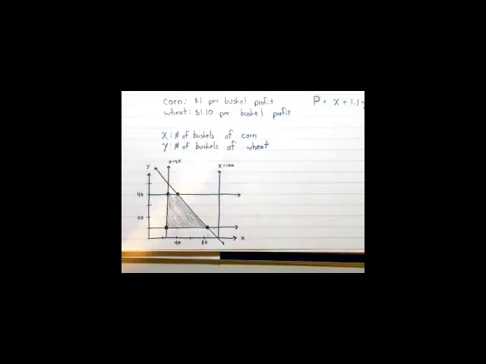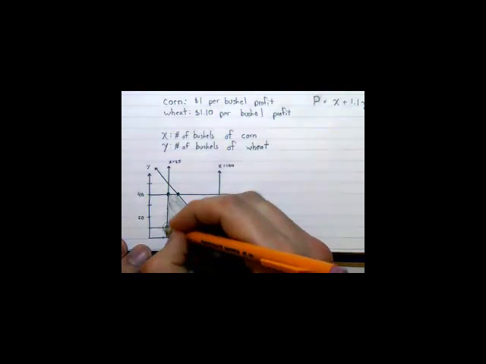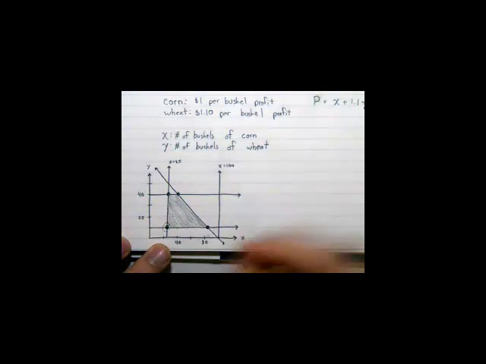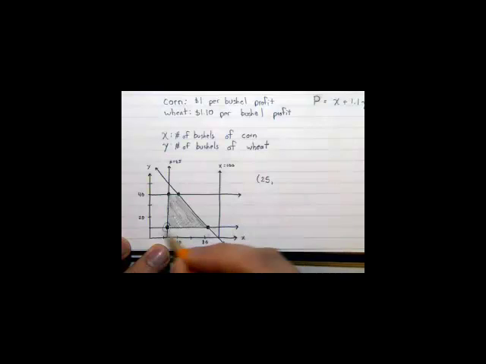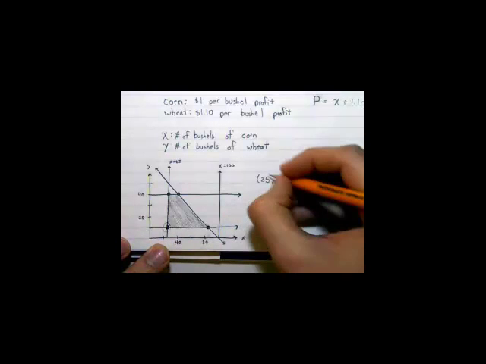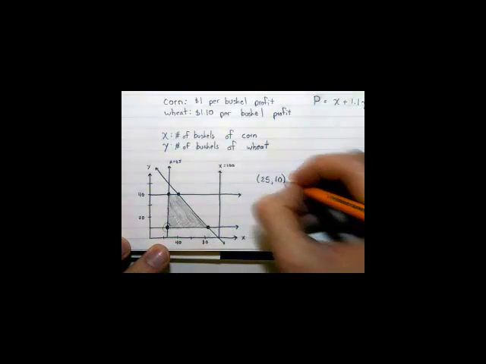And each one of those points represents a combination of corn and wheat, bushels of corn and wheat, and then we'll take each one of those combinations, plug it into our equation, see what we got. Okay? So here, that is the ordered pair. Let's see, x was 25 there, right? And the y is 10. So it's 25, 10.